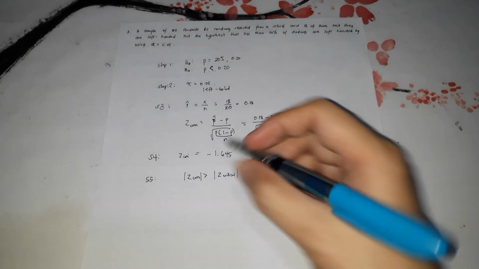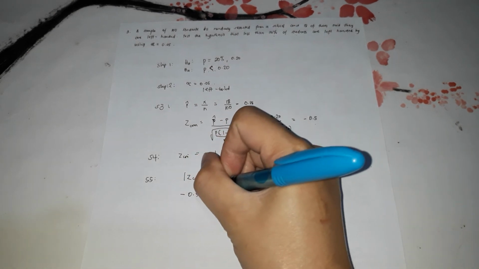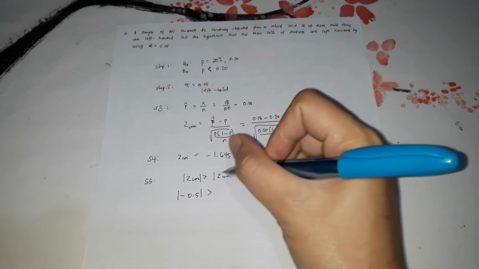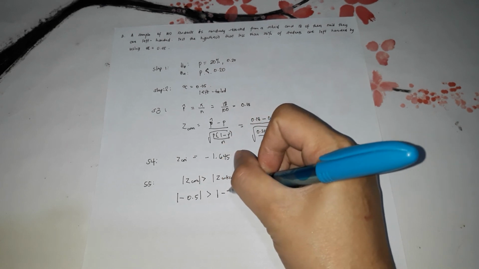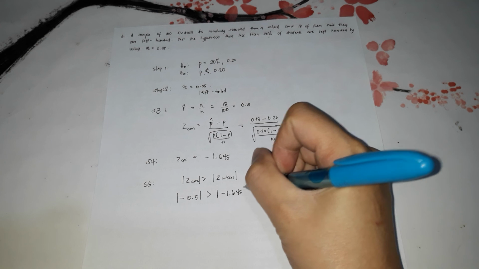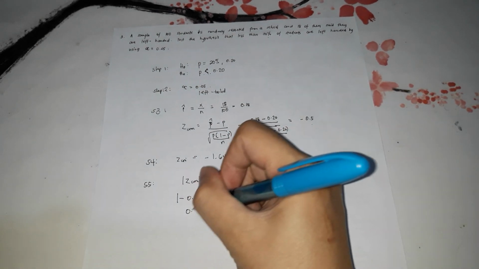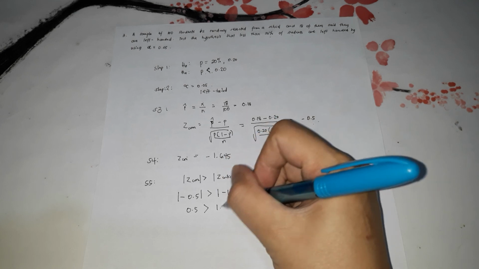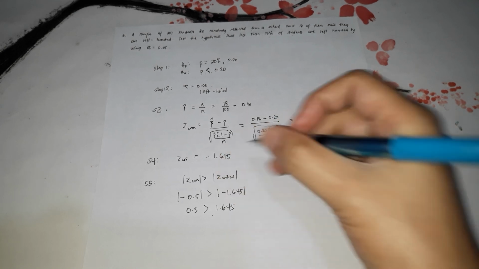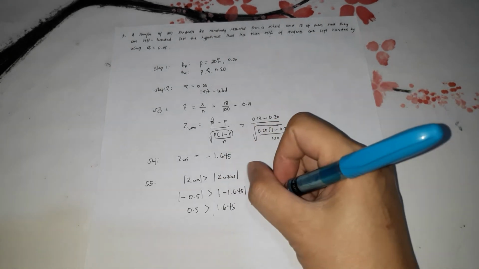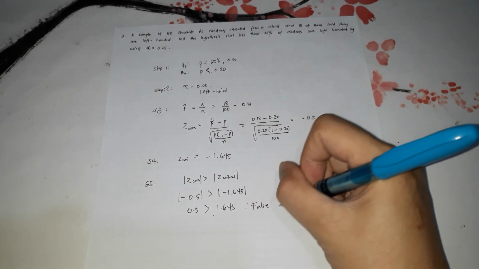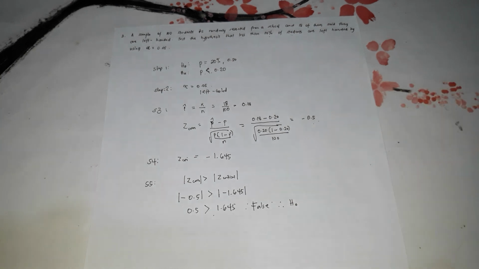So z computed is negative 0.5, so the absolute value is 0.5. The absolute value of negative 1.645. Or in short, ang negative siya, gawin mo positive, should be greater than the positive of this one. So is it true or false? So it's false. Therefore, because it's false, the conclusion is HO.